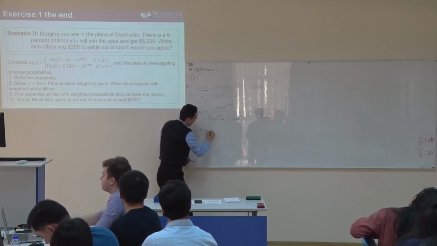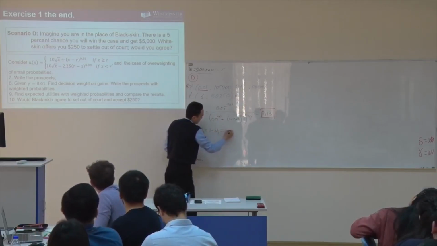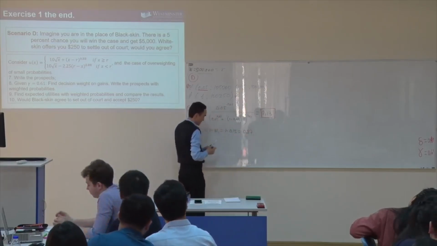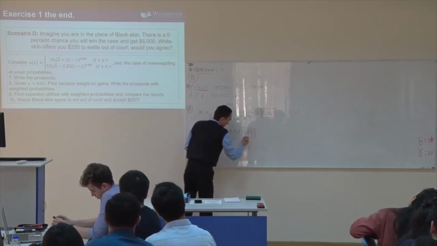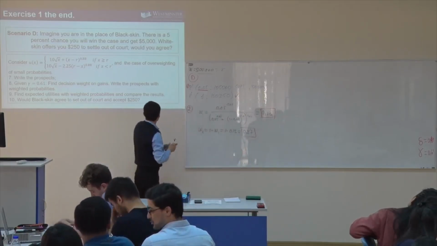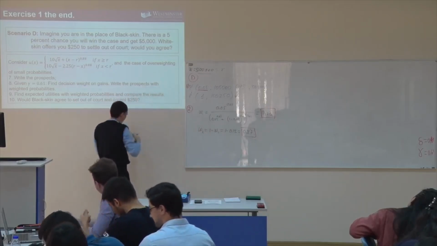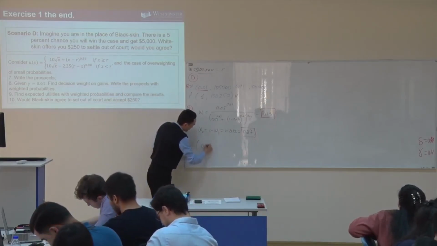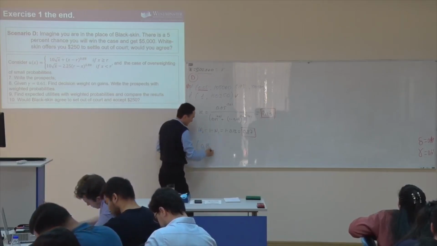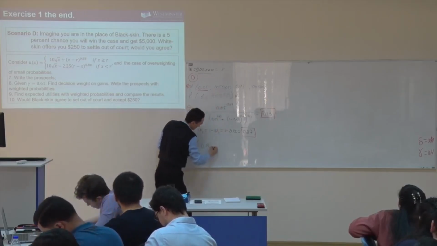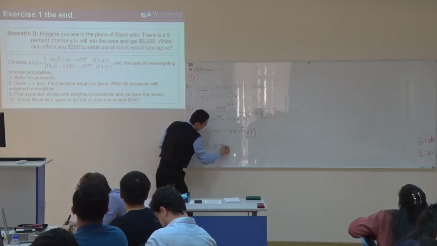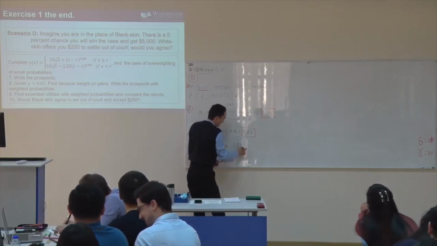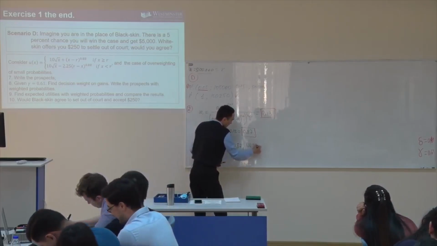Here, 1 minus weight 1 is equal to 1 minus 0.13, which is equal to 0.87. This is the second weight. Done. And now, write the prospects with weighted probabilities. She is thinking that there is a 13% chance that she is going to win the case. If she wins the case, she will get 105,000. And there is an 87% chance that she is going to lose the case, and her wealth will remain unchanged.